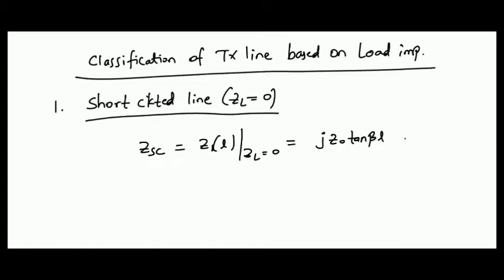We got j Z naught tan beta L. Now, if I calculate the load reflection coefficient tau L, tau L is ZL minus Z naught divided by ZL plus Z naught.